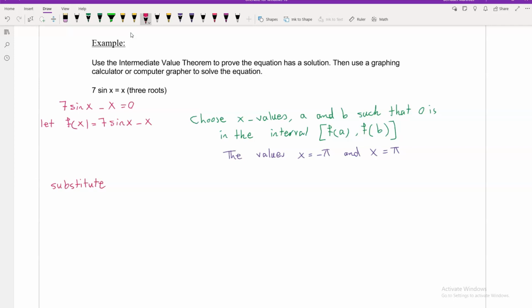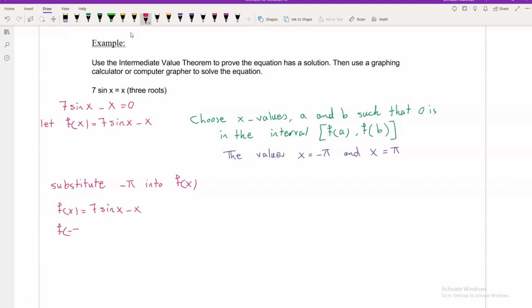So substitute negative pi into f of x. Here, f of x is 7 sine x minus x.